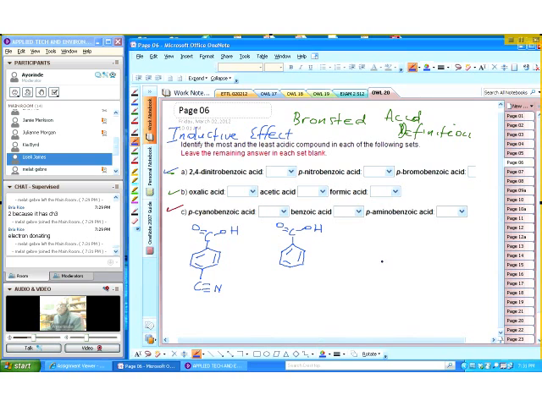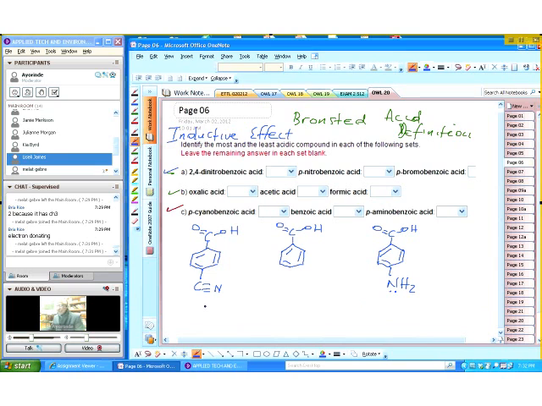Okay. That is benzoic acid. And then we have aminobenzoic acid, p-aminobenzoic acid. Okay.